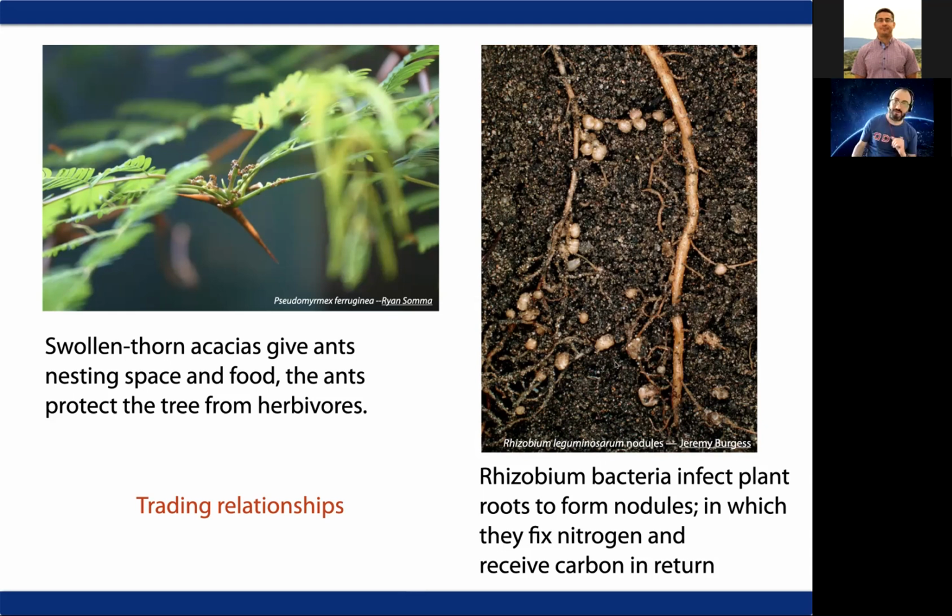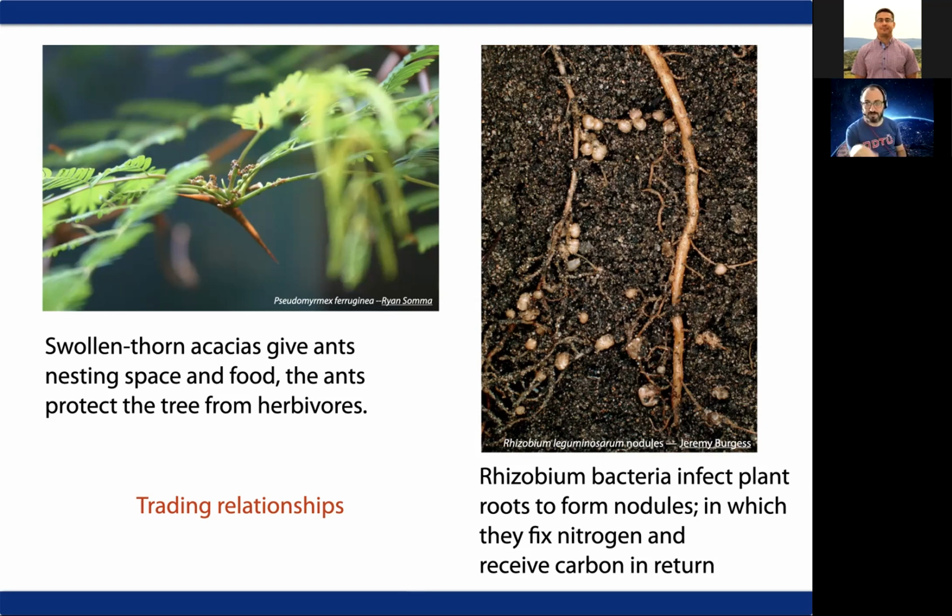Okay. Another example of plants trading carbon for something else is these guys. These are rhizobium nodules on a soybean plant, and these nodules, these little growths, harbor soil bacteria called rhizobium, as a general group of bacteria.